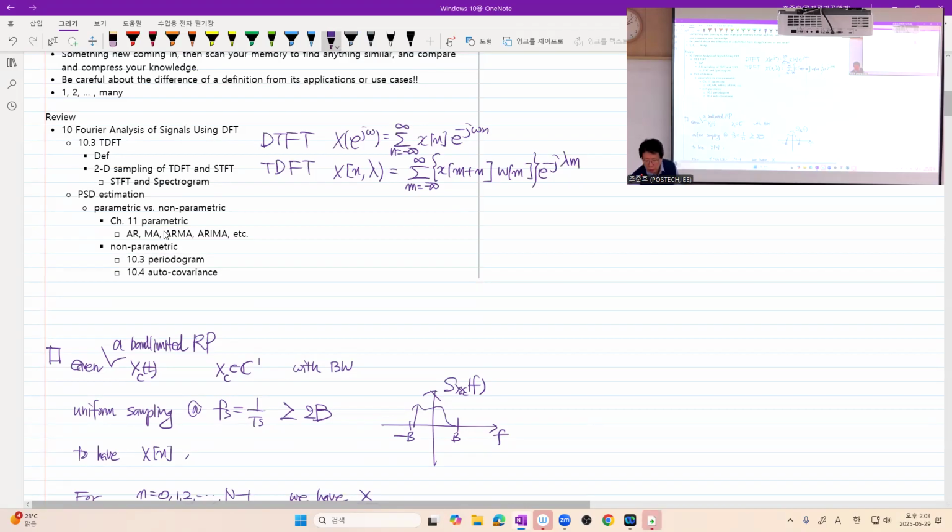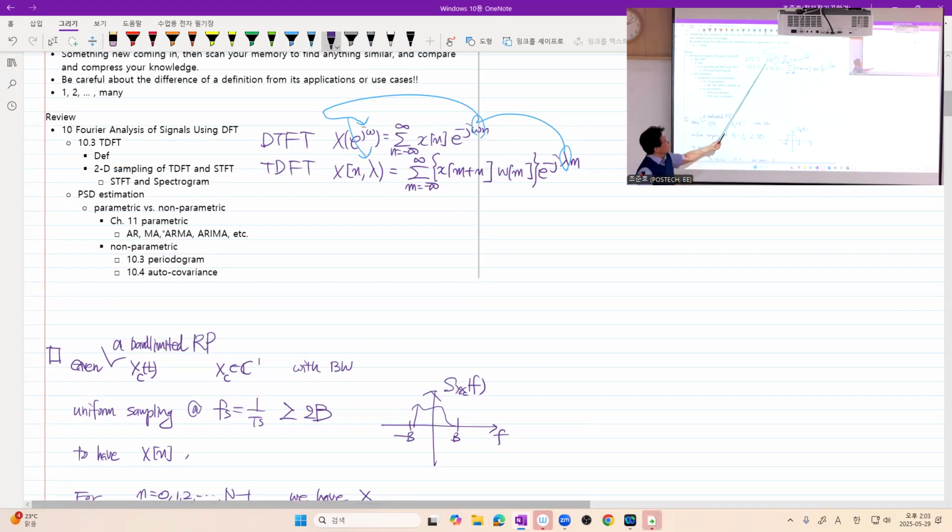And so this lambda corresponds to omega here. So lambda and omega are in radians per second, and n is the amount of time advance. Got it?